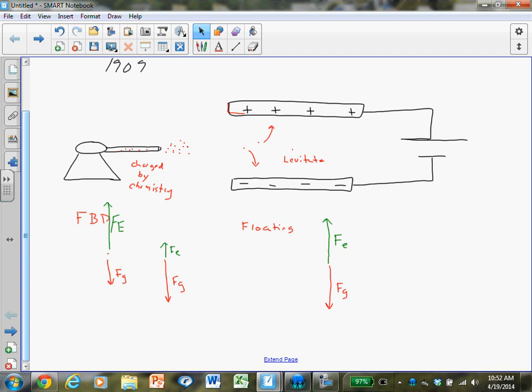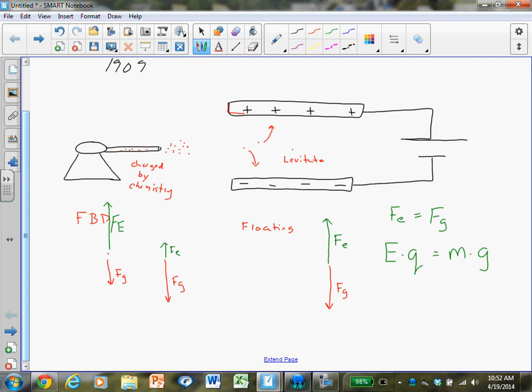So if we look here, we get Fe equals Fg, but Fe we know is Eq, and Fg is mg. So we can measure Q by mg divided by E. Okay.